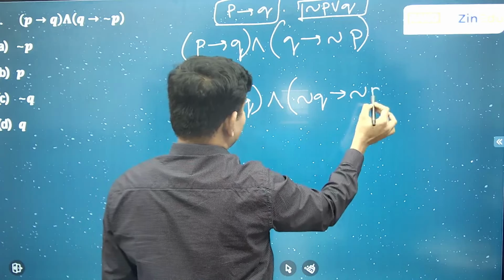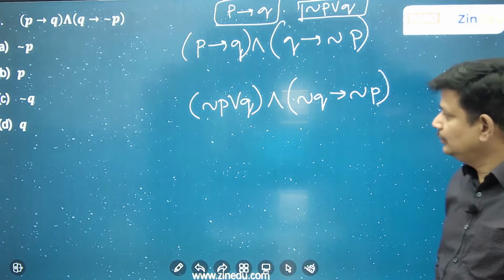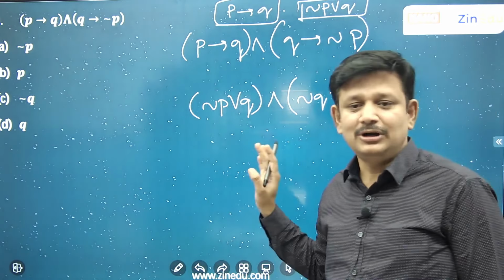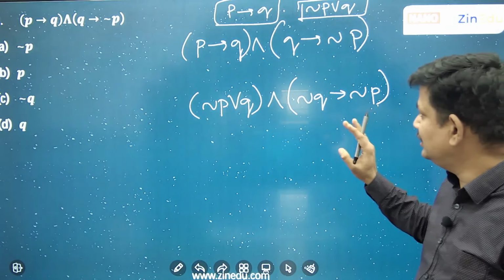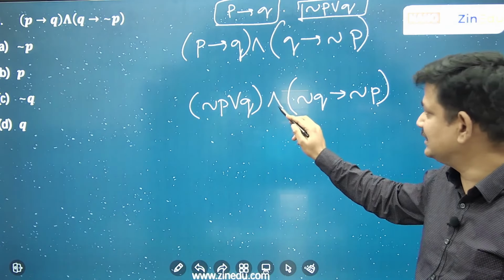Now, instead of drawing the Venn diagram or doing some nonsense here, try to solve this intelligently. Here I have and, meaning intersection.